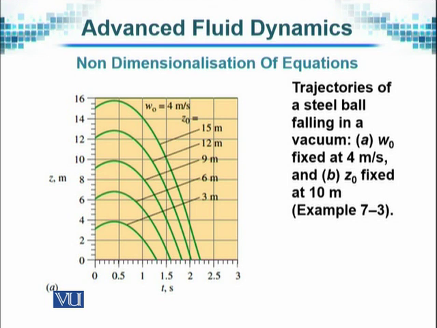When the trajectory was plotted, these are dimensional variables at this point in time, and the trajectories look like this: if the first one is dropped from a height of 15 meters, it falls and comes to this point.